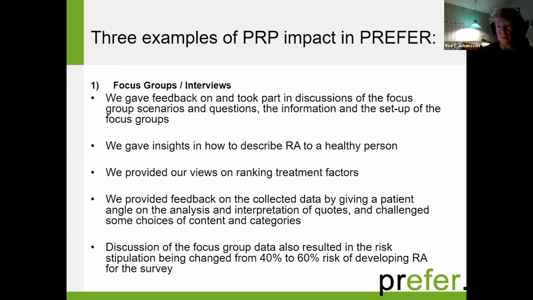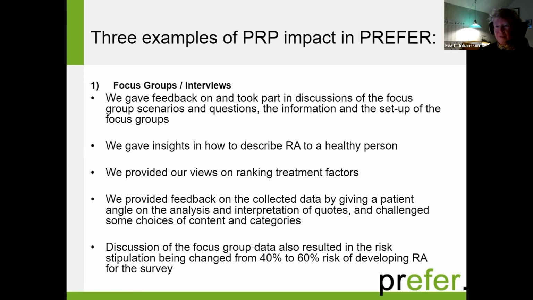We provided feedback on the collected data by giving a patient angle on the analysis and interpretation of quotes, and challenged some choices of content and categories. Discussion of the focus group data also resulted in the risk stipulation being changed from 40% to 60% risk of developing RA for the survey.